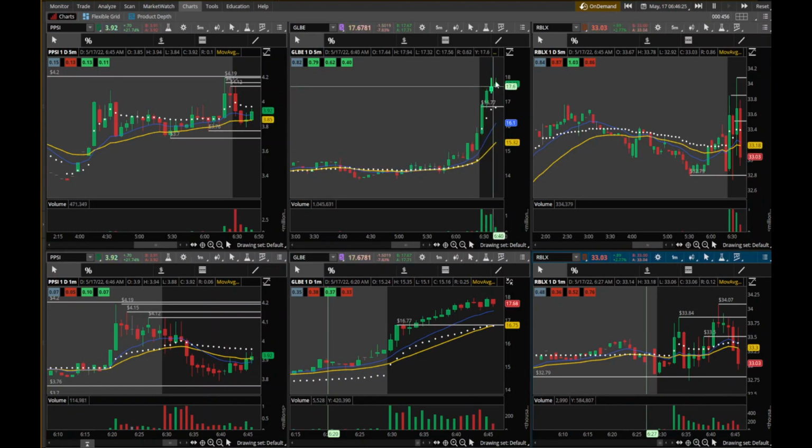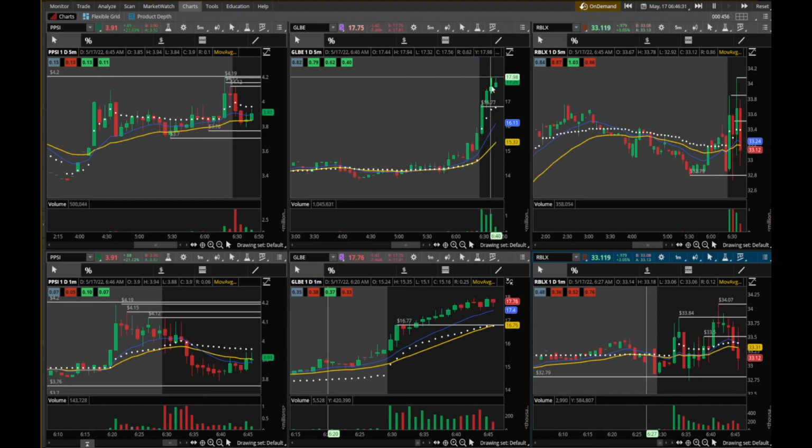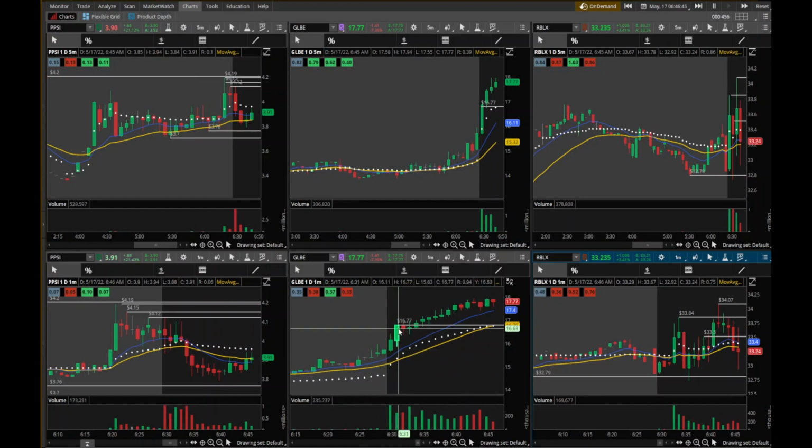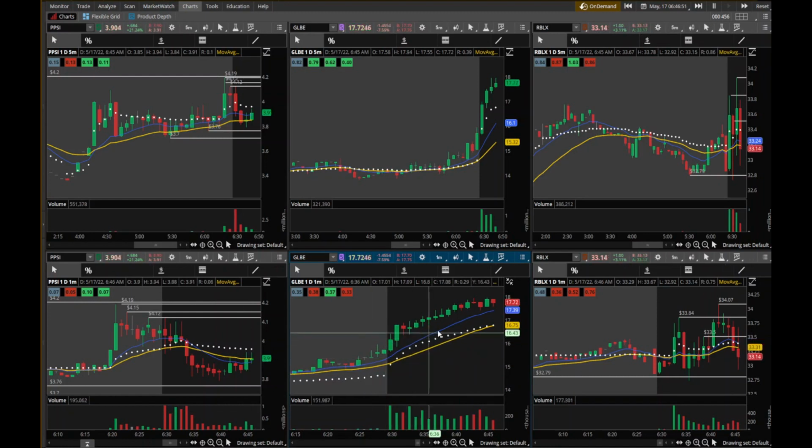With GLBE being this overextended and at that $18 level, I'm going to be looking for more of a pullback here. But I'm not sure to what line or to what level. I just don't have a clue at the moment. It didn't really give us a good support on the way up.